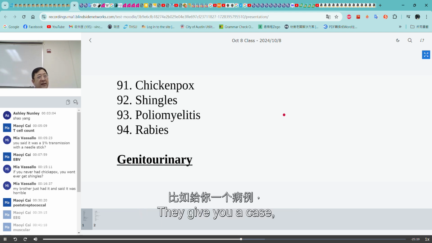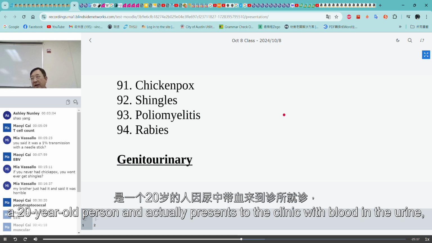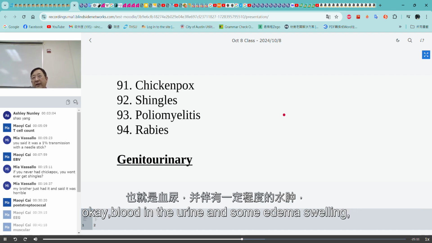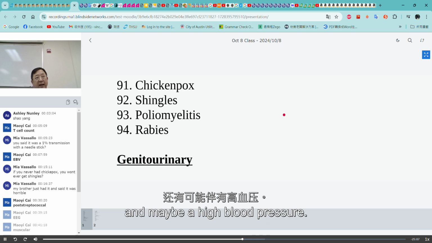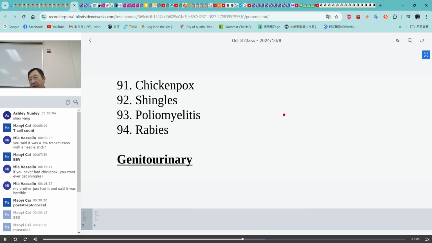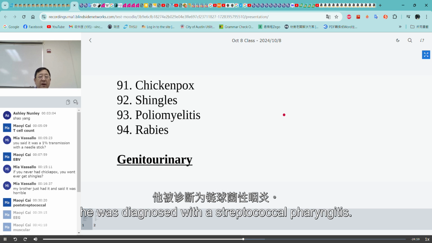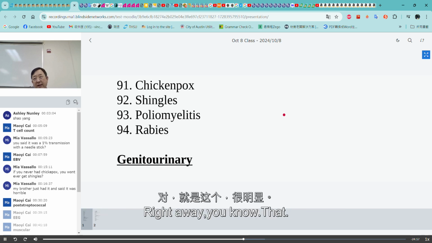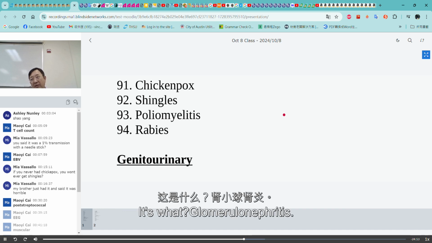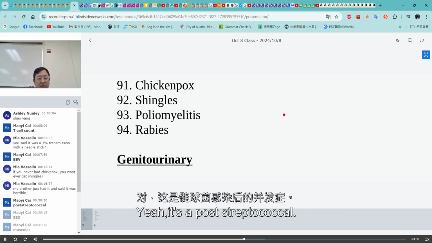They give you a case, a 20-year-old person who presents to the clinic with blood in the urine, some edema, swelling, and maybe high blood pressure. But the medical history shows 2 weeks ago he was diagnosed with streptococcal pharyngitis, sore throat. Right away, you know that. It's what? Glomerulonephritis. Yeah, it's post-streptococcal.